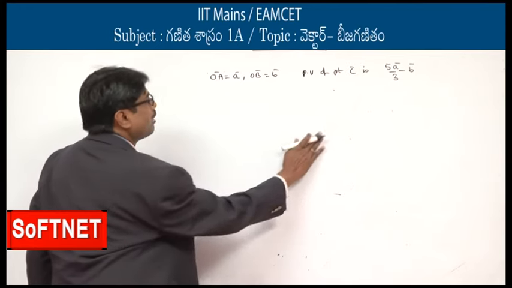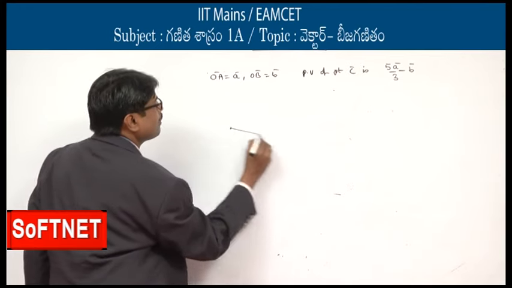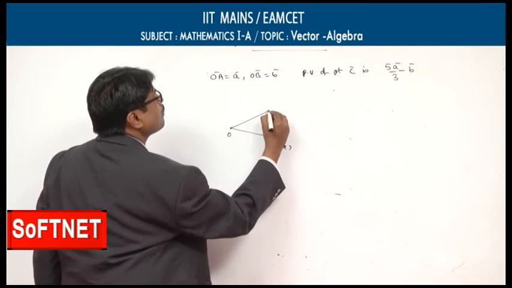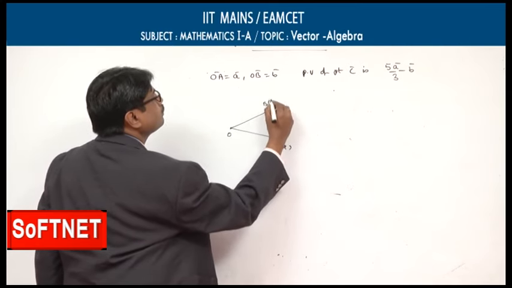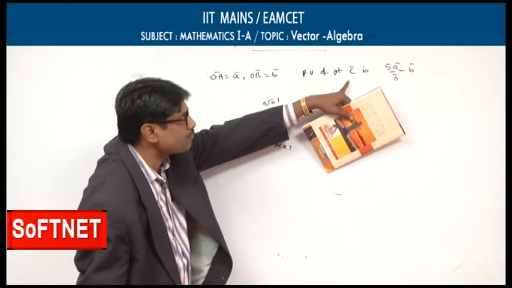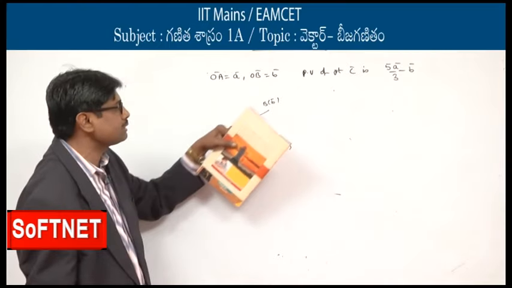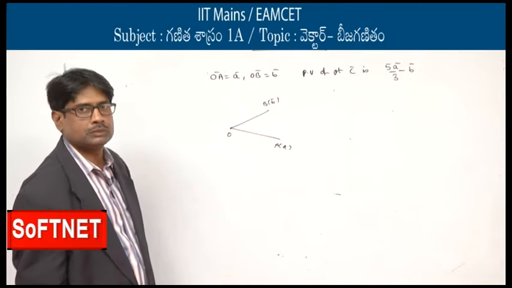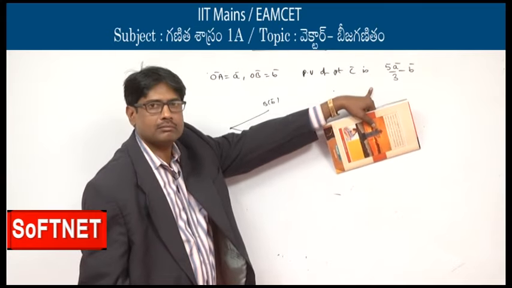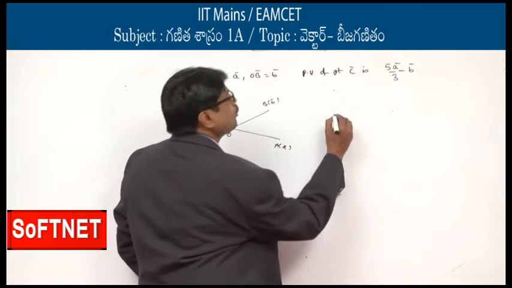Position vector of A, OA bar is equal to A bar, and OB bar is equal to B bar, two co-initial vectors. Locate the position vector of point C with respect to this triangle and the angle. So, to locate, express the point C in midpoint form.